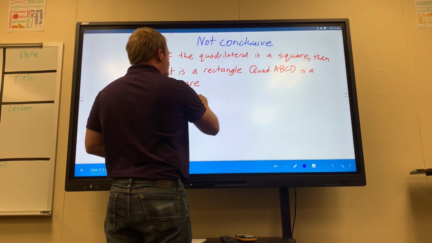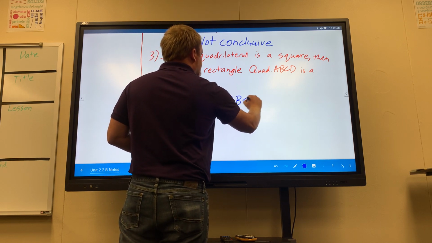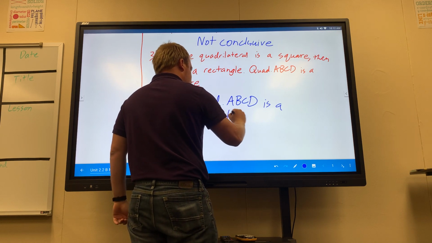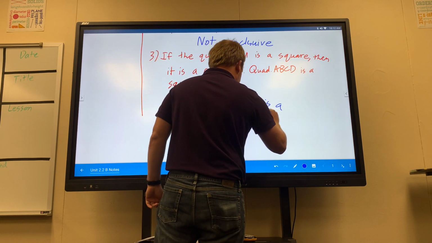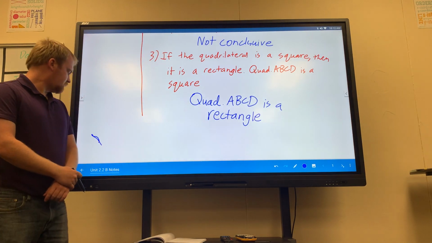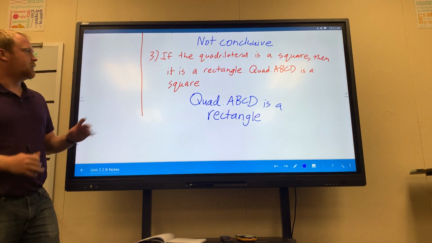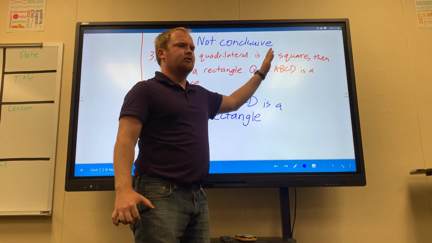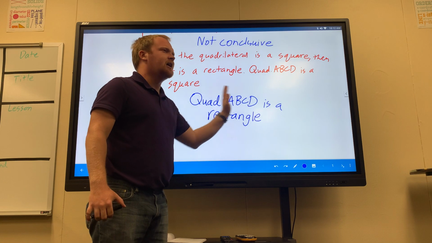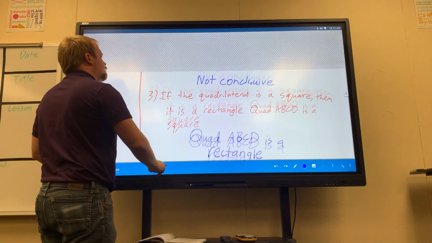So that means quadrilateral ABCD is a rectangle. Just as simple as that. So because we're told that the hypothesis is true, then we got the conclusion to be true as well. And that's what the law of detachment tells us.